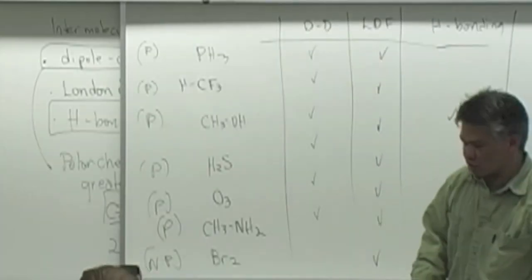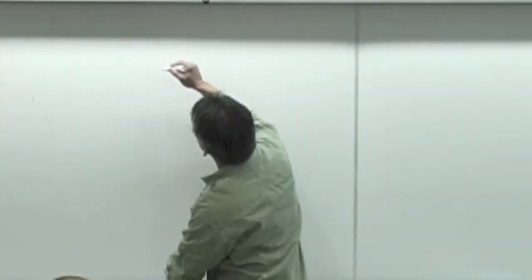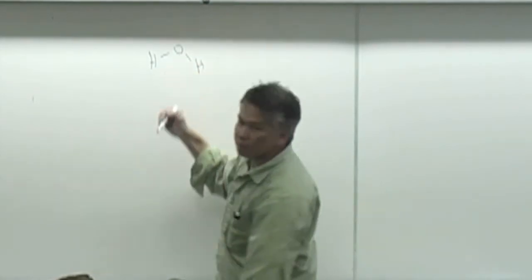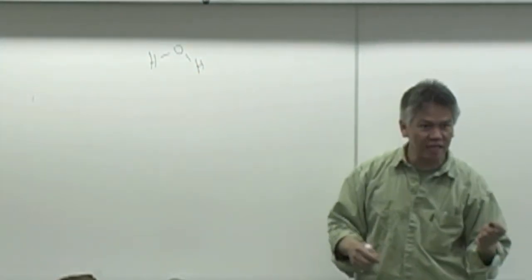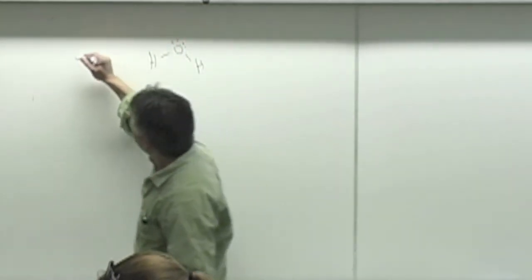Let me show you those structures so that you can see what type of chemicals you're dealing with. It looks like this. It's got a hydrogen, an oxygen, a hydrogen. There's a bond angle in there of about 108 degrees, and it's got 2 lone pairs of electrons right there. That's water.